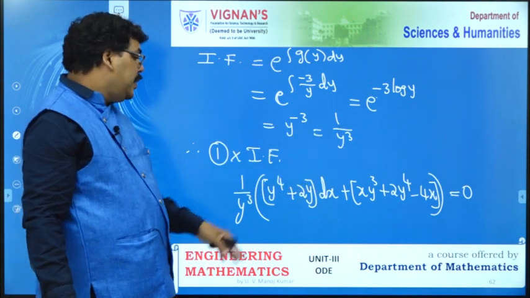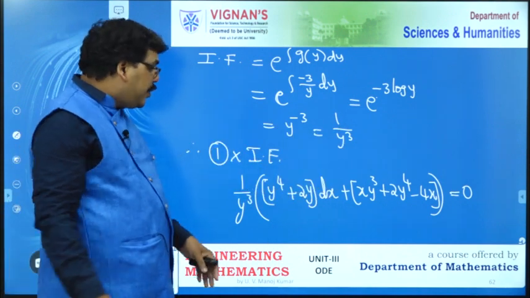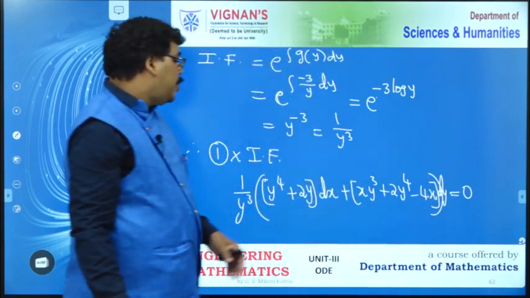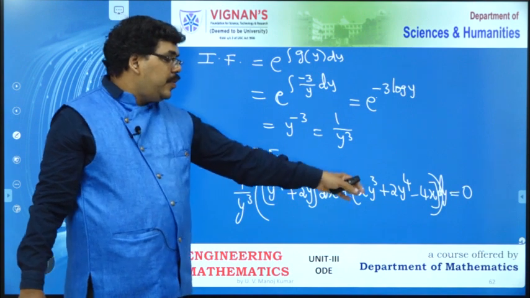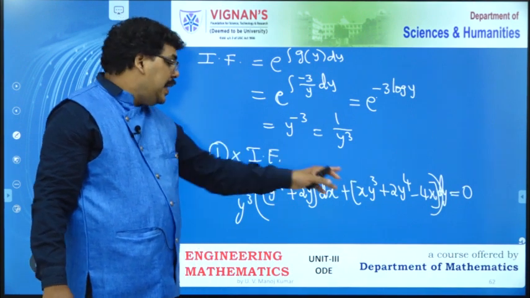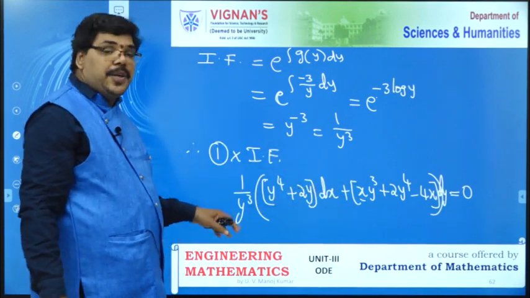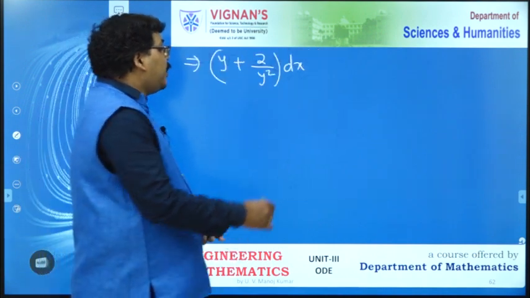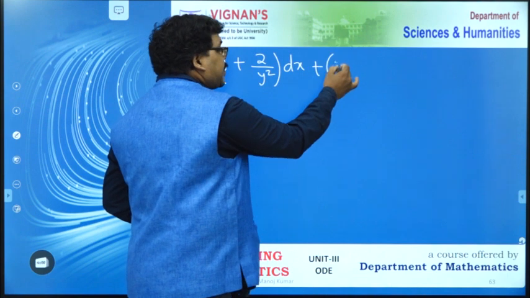Next, go to the second term, N. I forgot to write dy here. So multiply 1 by y cube with that. What will I get? xy cube into 1 by y cube. y cube gets cancelled. So what remains? x.